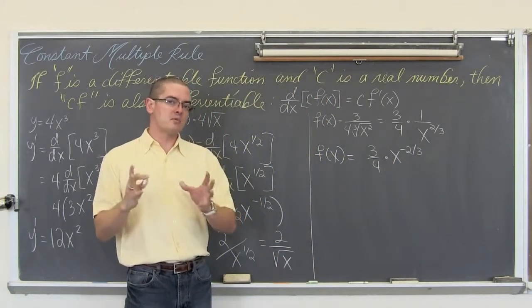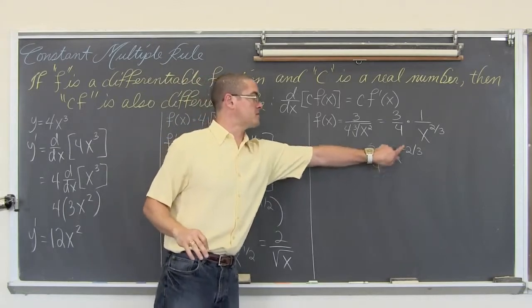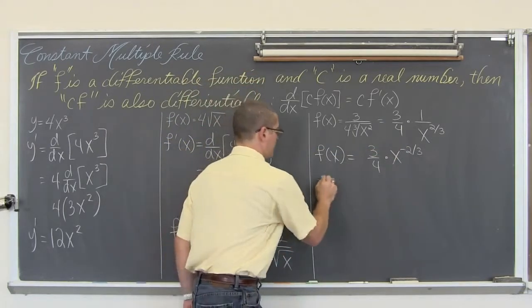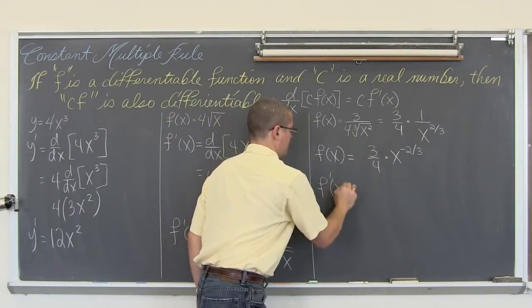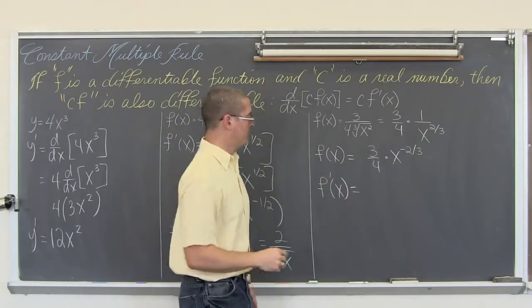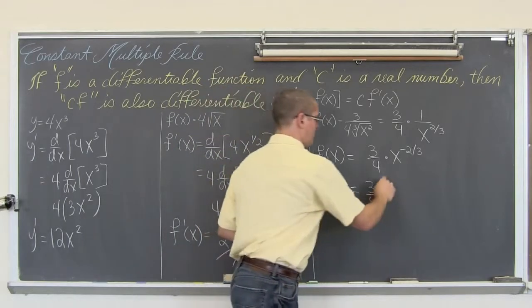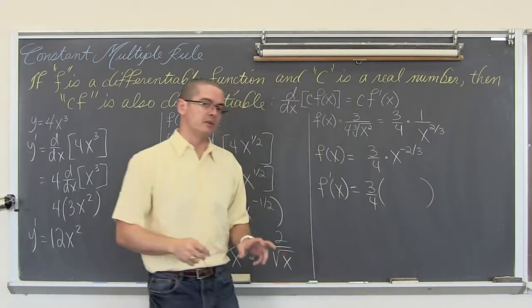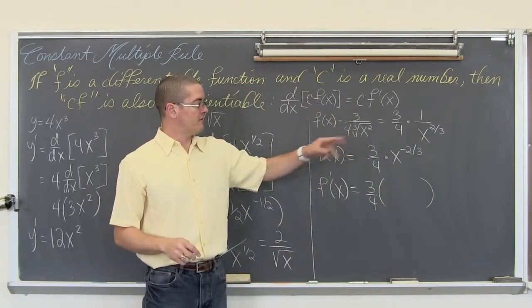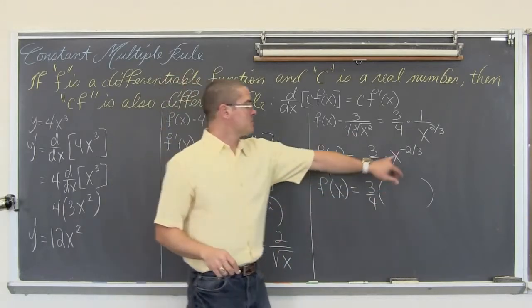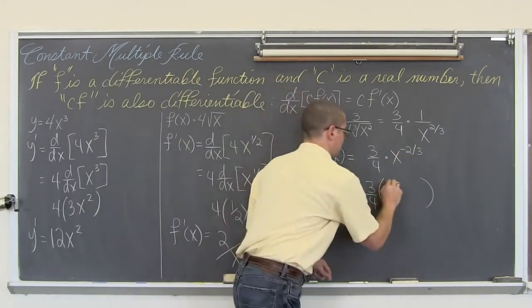And again, I'm doing that separately, so I have the constant, and then I have a base with a power on it. So f prime of x is equal to 3/4 times, now let's shorten this notation up a little bit, we want to take the derivative of x to the negative 2/3 power. So I'm going to bring the negative 2/3 out.